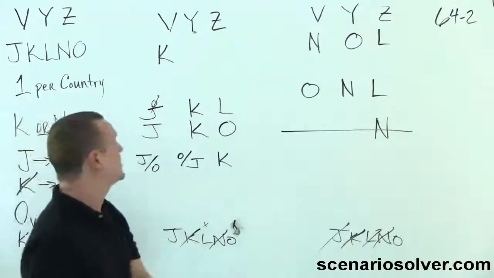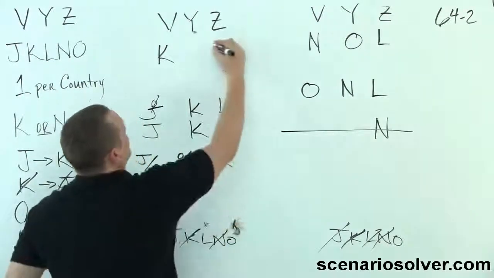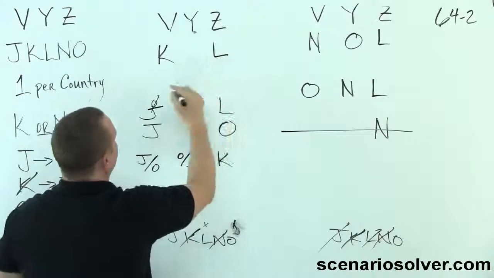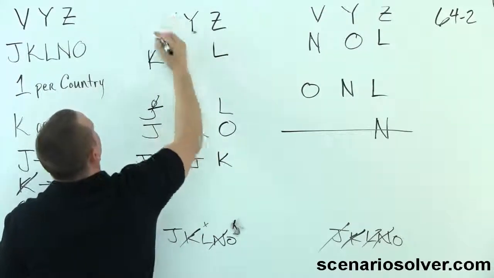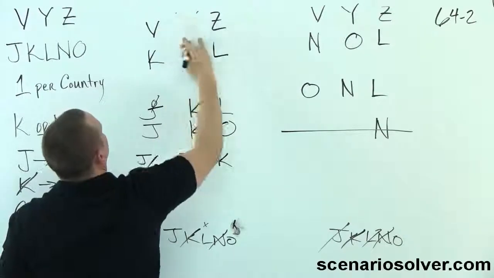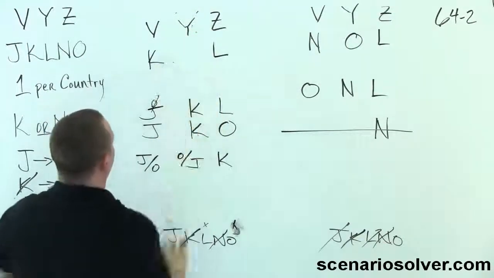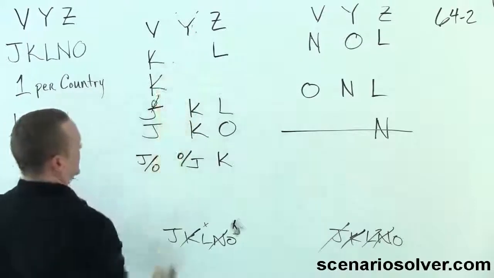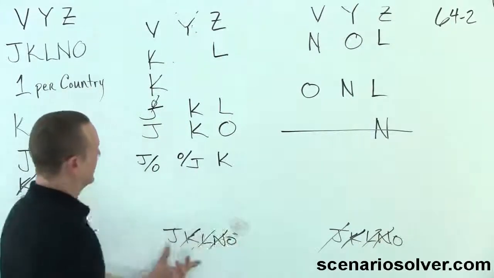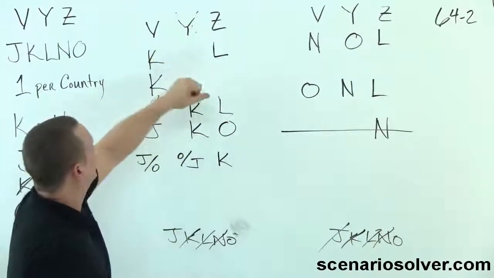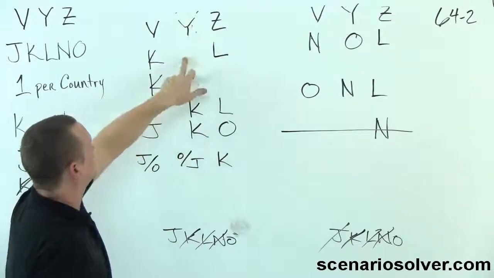Okay, now let's just take a look at what can happen with the last part up here. We can place L in Z or not in Z. So we'll just use L here, and then we'll carry this K down. Okay, so now we have K and N used up, and we also have L used up, and we're left with J and O. Here, J or O could occur.